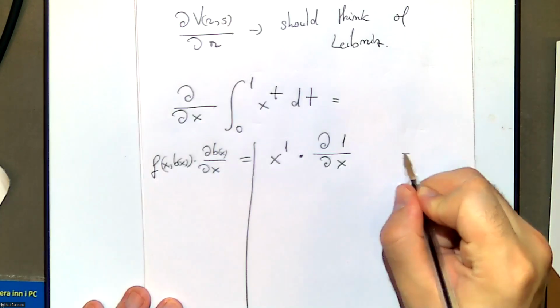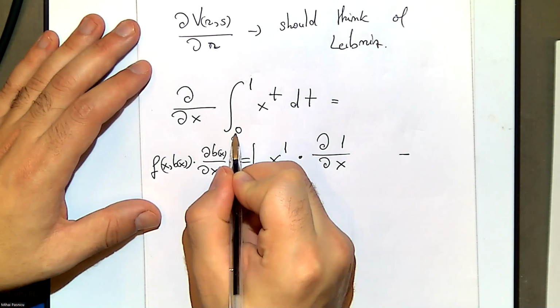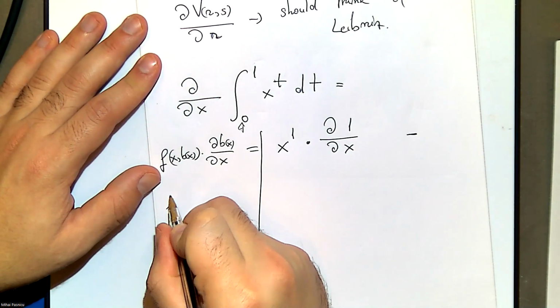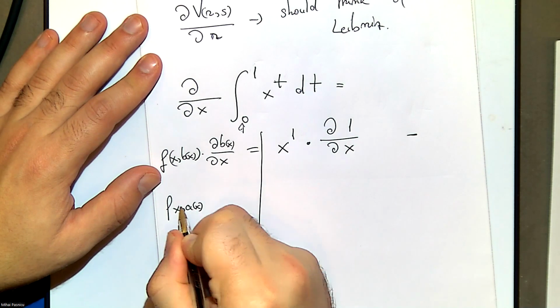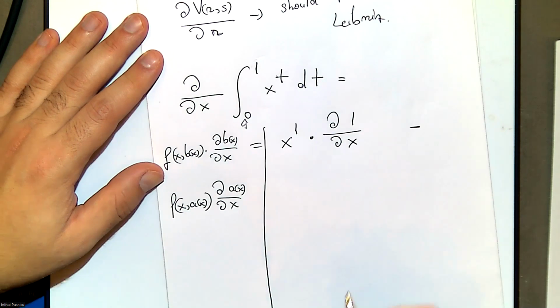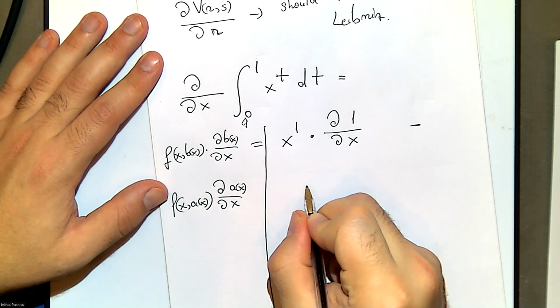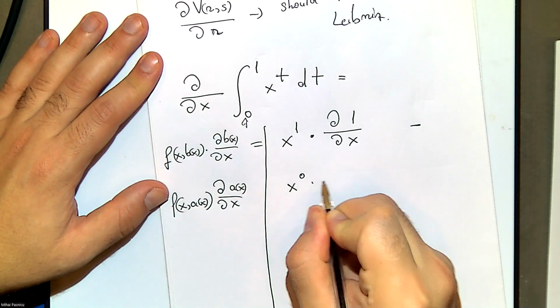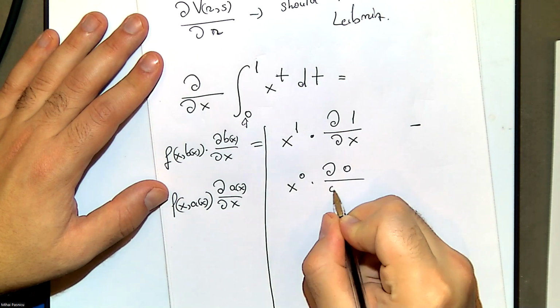The second term is where I just plug in the lower bound value. So it's f of x, a of x, times the derivative of a of x with respect to x. And this is just x to the power of 0 times the derivative of 0 with respect to x.